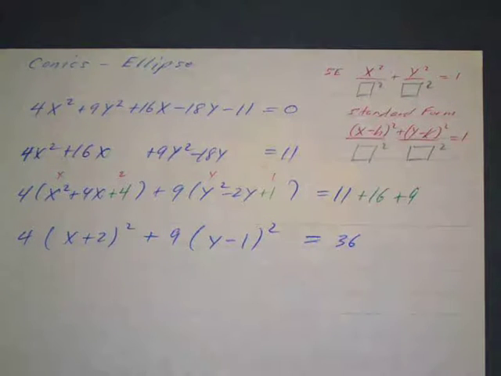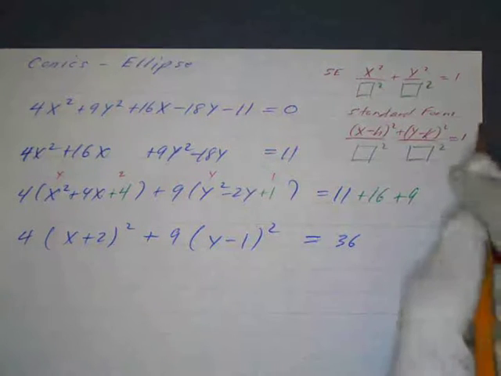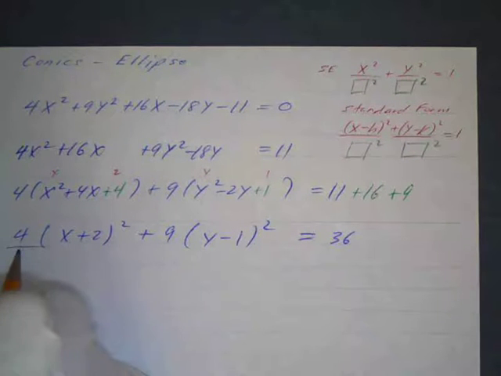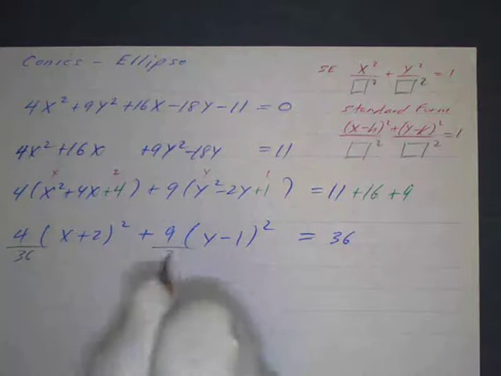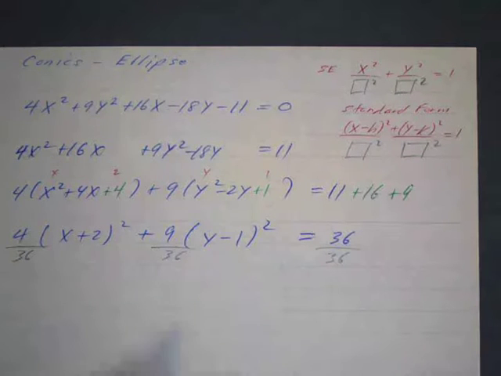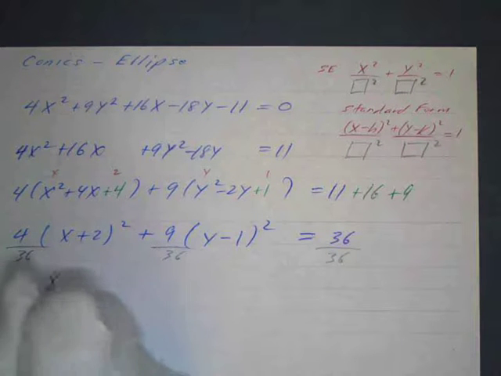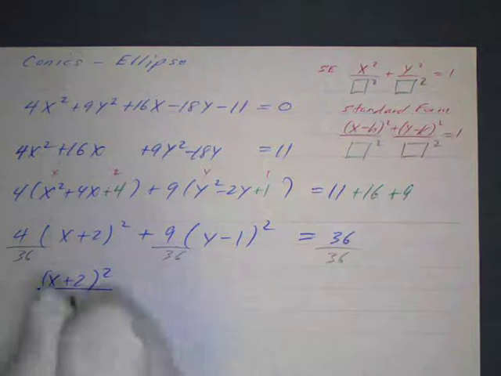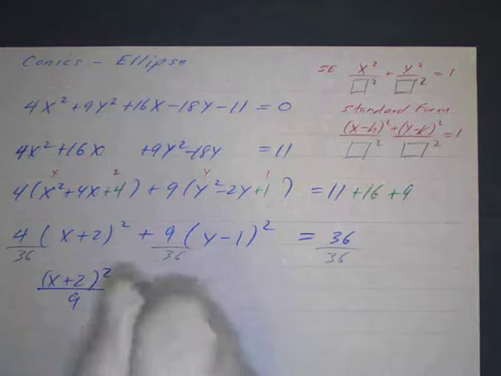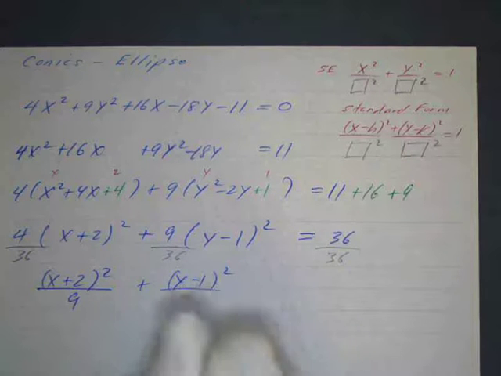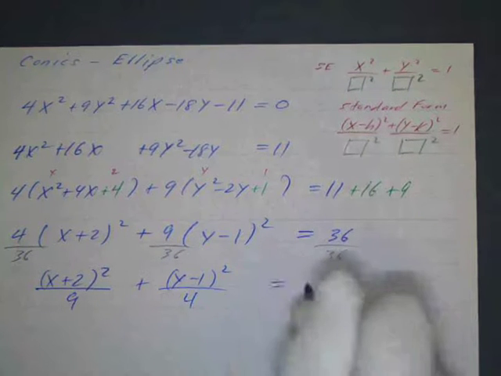Then I'll divide everything by 36, each term by 36, because I want to get a 1 here because it's in standard form. And now I end up with x plus 2 squared over 9 plus y minus 1 squared over 4, and that equals 1.